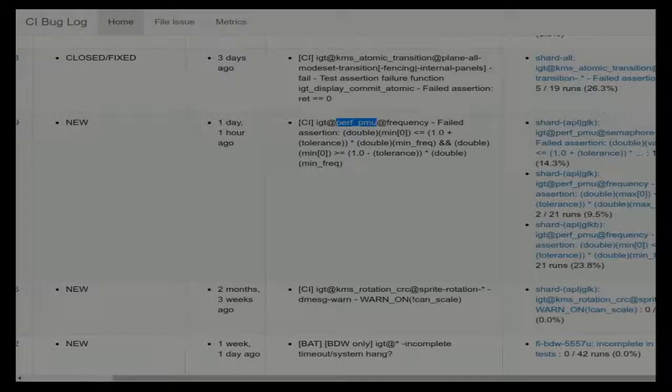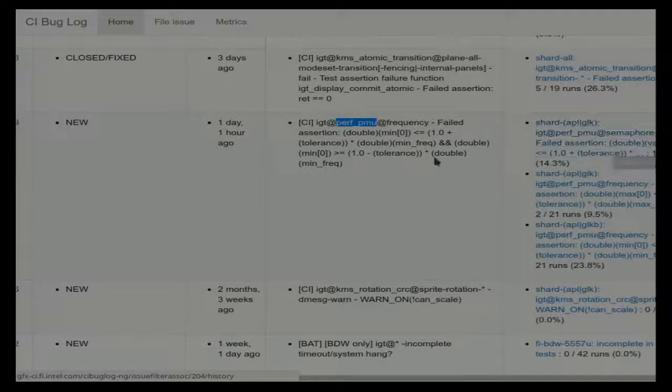You can see the failure rate of the issue as a whole. Out of the last 21 runs, 6 times it was problematic. And you can see that this failure mode was more problematic than this one, and then this one.